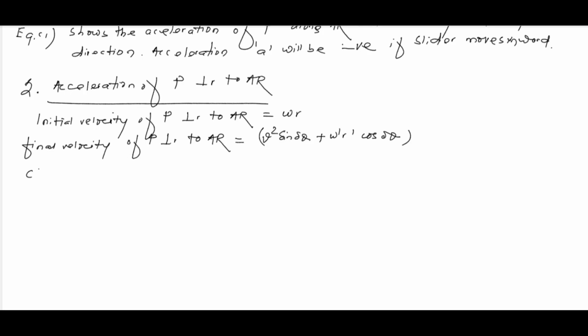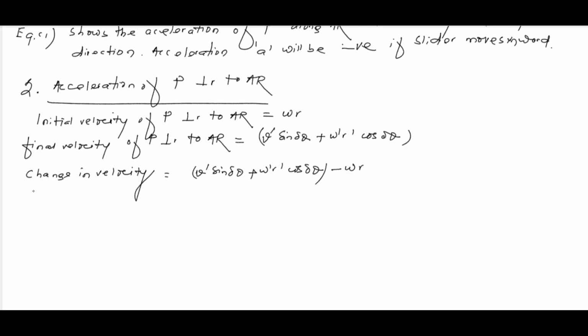Now what about the change in velocity? Sorry, I said v square, it should be v dash. Change in velocity is v dash sin del theta plus omega dash r dash cos del theta minus omega r. This is the change in velocity.